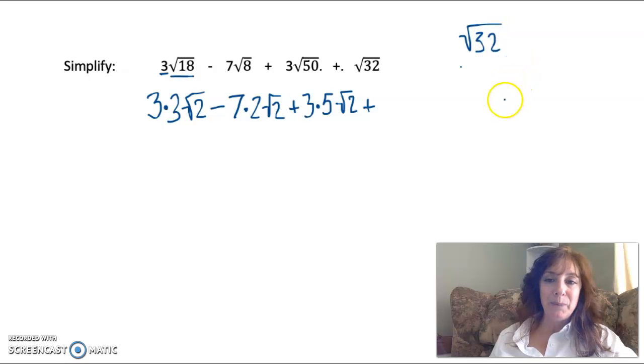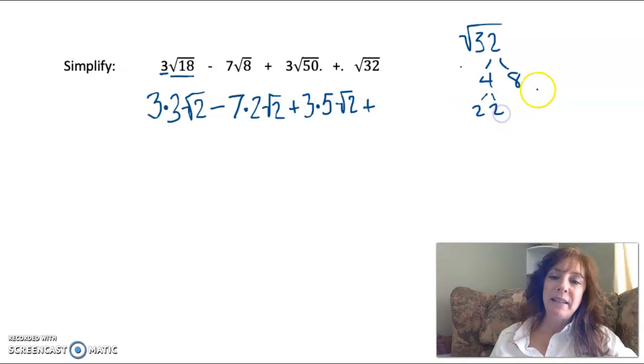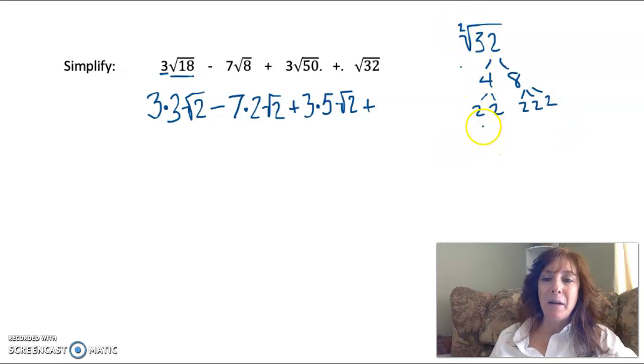I know, but maybe your brain doesn't go there, that 16 times 2 is 32. But if I didn't know that, I would think, 4 times 8 is 32, and 4 is 2 times 2, and 8 is 2 times 2 times 2. So whatever I have 2 of can come out. I have 2 2's. They can come out as a 2.